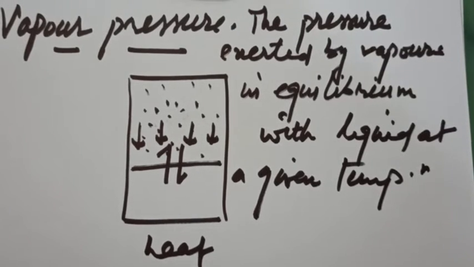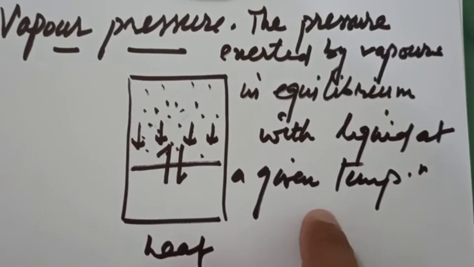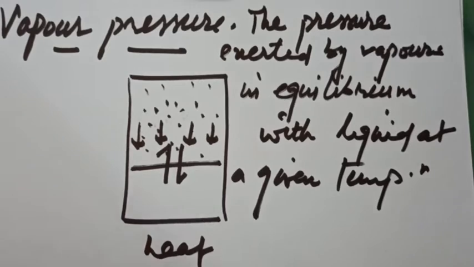Understood? Okay, the temperature should be constant. If you increase the temperature, then the vapor pressure also increases, so it will change. So temperature should be constant. That is known as vapor pressure.